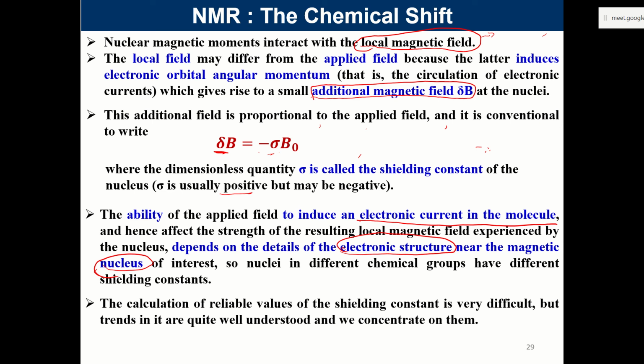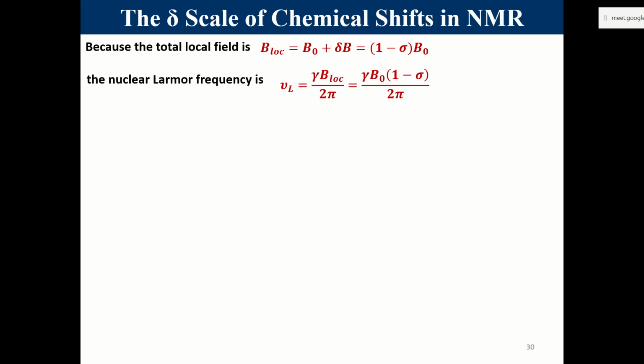It is not the actual value of the shielding constant that is important for us. For most practical purposes, we only need the relative idea of whether something is in a more shielded or less shielded condition. That helps us explain most of the things, so actual values are not that important and we are not going to focus on that.